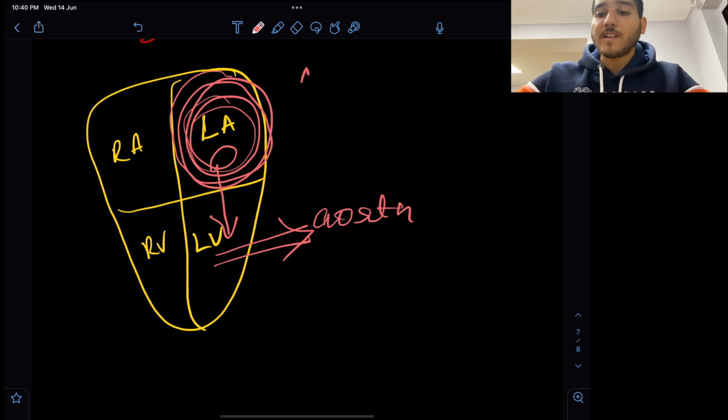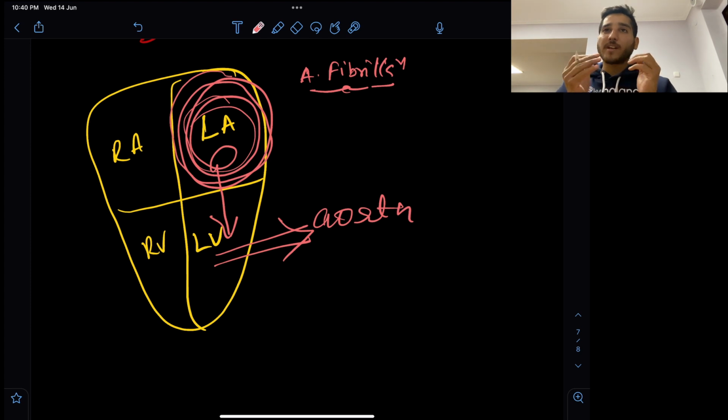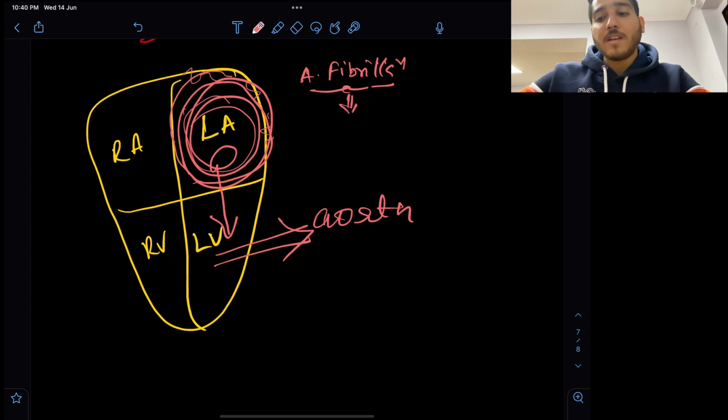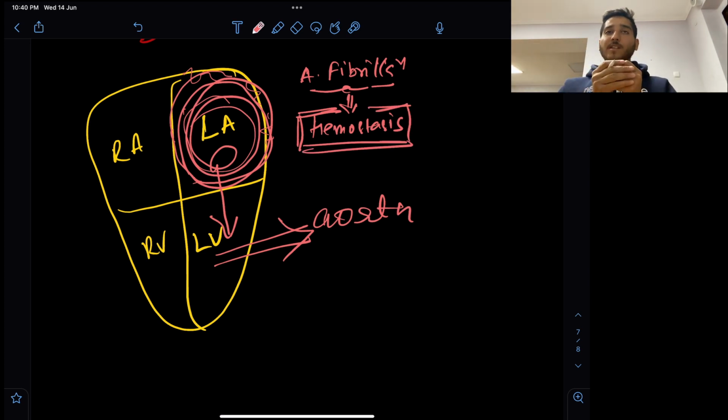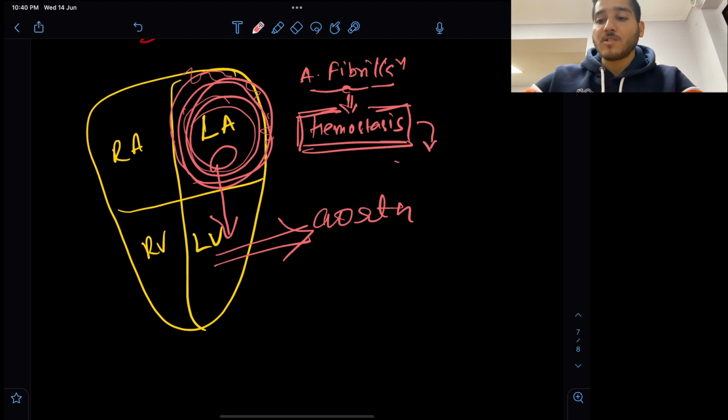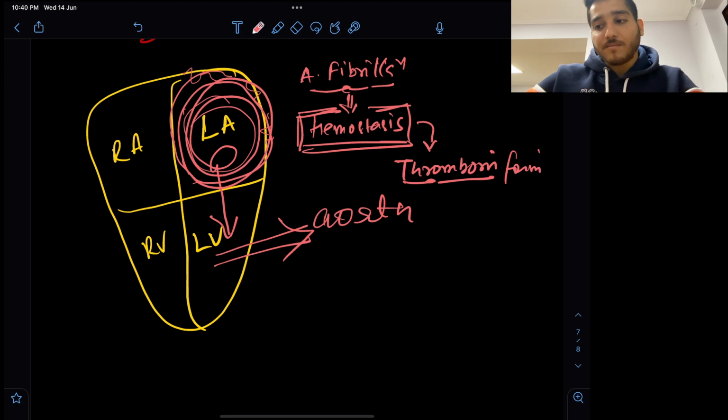But in atrial fibrillation, the atrium won't be contracting so strongly, so there will be fibrillation of the atria and some stasis of blood. Some blood will be left in the left atrium, and this will cause thrombus formation. If a thrombus forms, it might go to the left ventricle and then to the aorta and then to any part of the body.